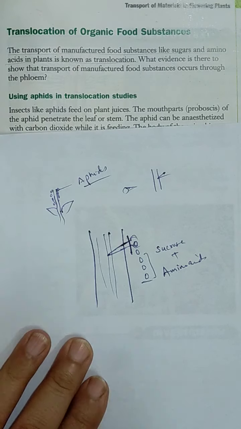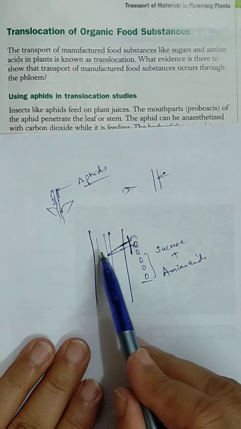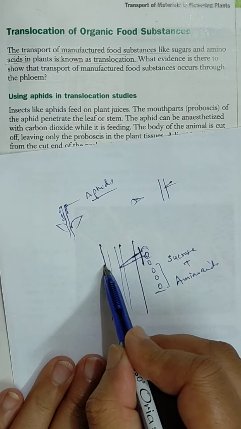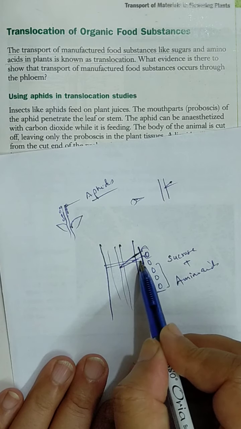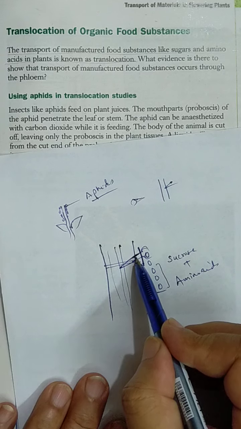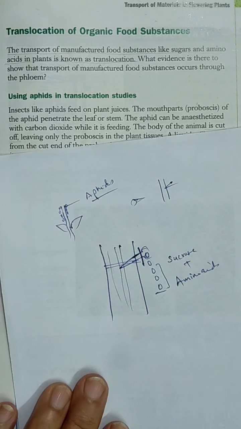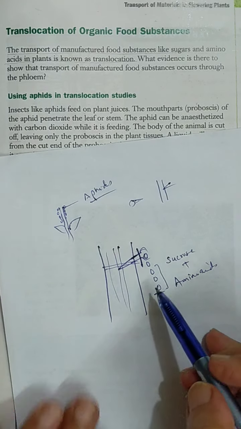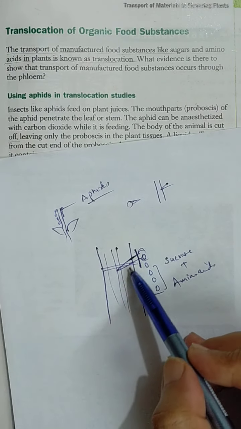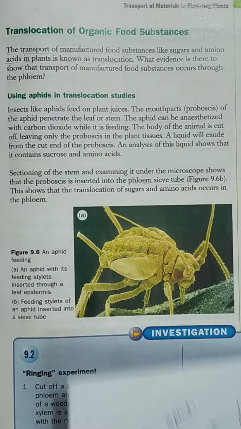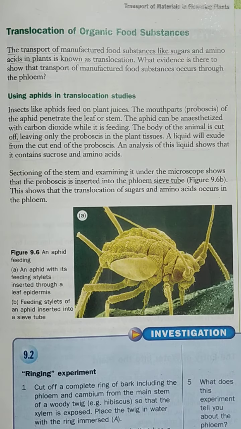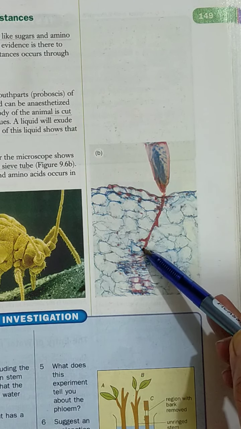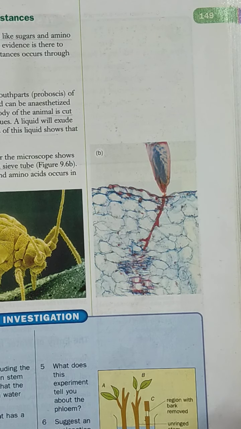So they came to know that it is getting food from the phloem region, and even then they took a slide from this area, and they found that this proboscis was inserted in the phloem region of the plant. So they tried to prove by this experiment that food is transported through the phloem region. Okay, so here they have also shown this organism and its proboscis that enters and reaches the phloem region, from where it can take its food.